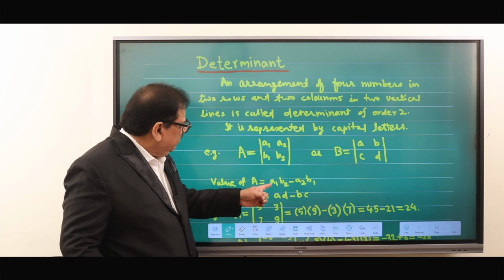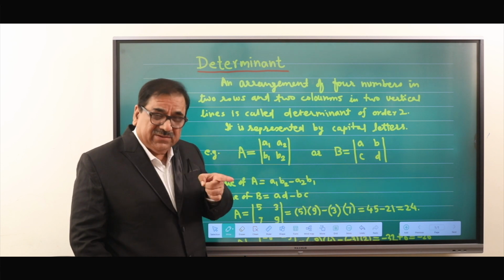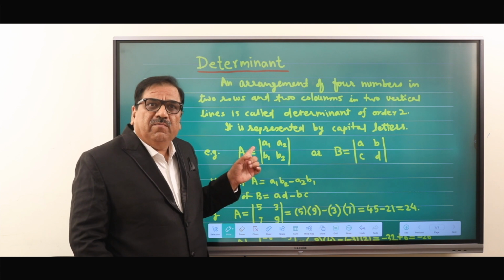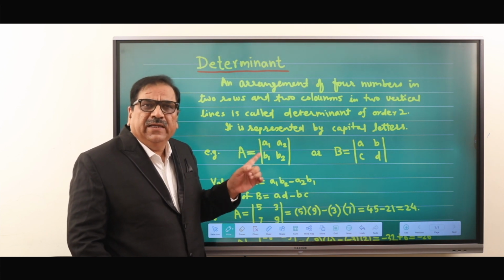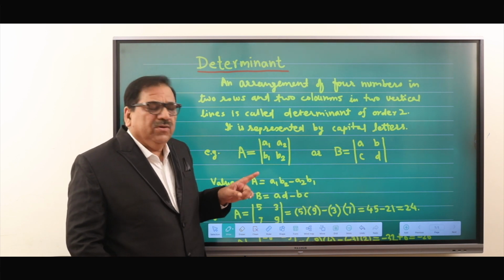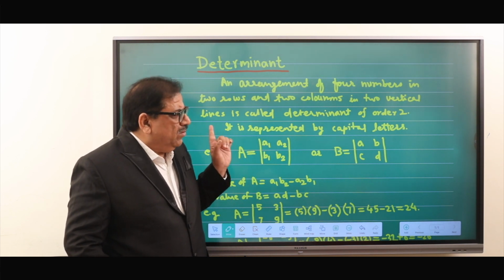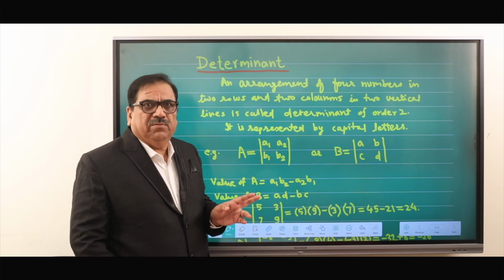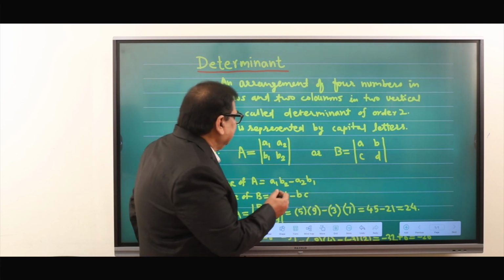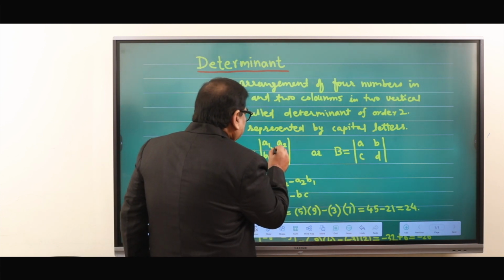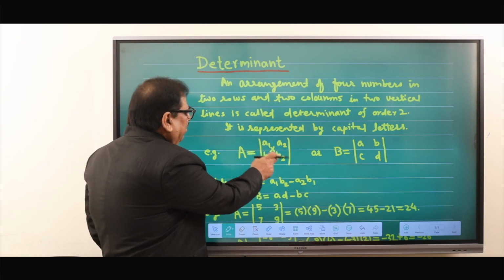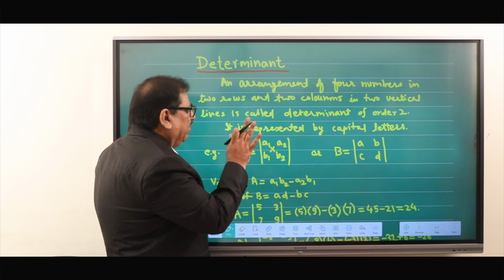So the first part is a1 b2, minus, subtract the product of the number in the first row, second column and the number in the second row, first column. So easily we can remember it like this: a1 b2 minus a2 b1.